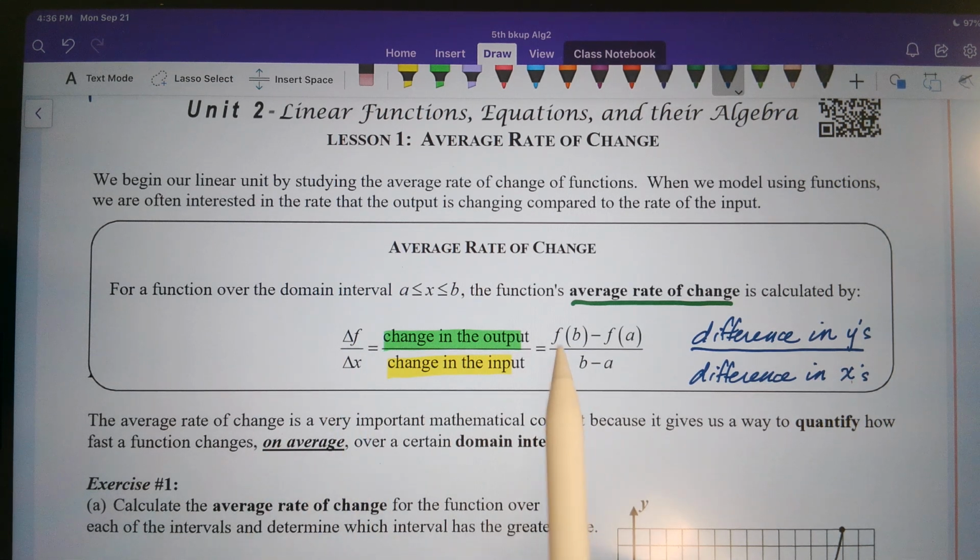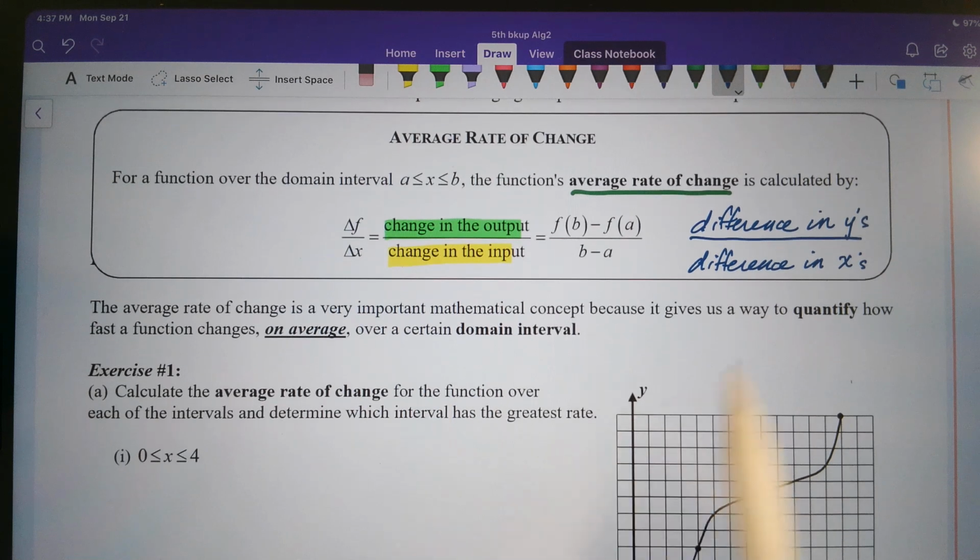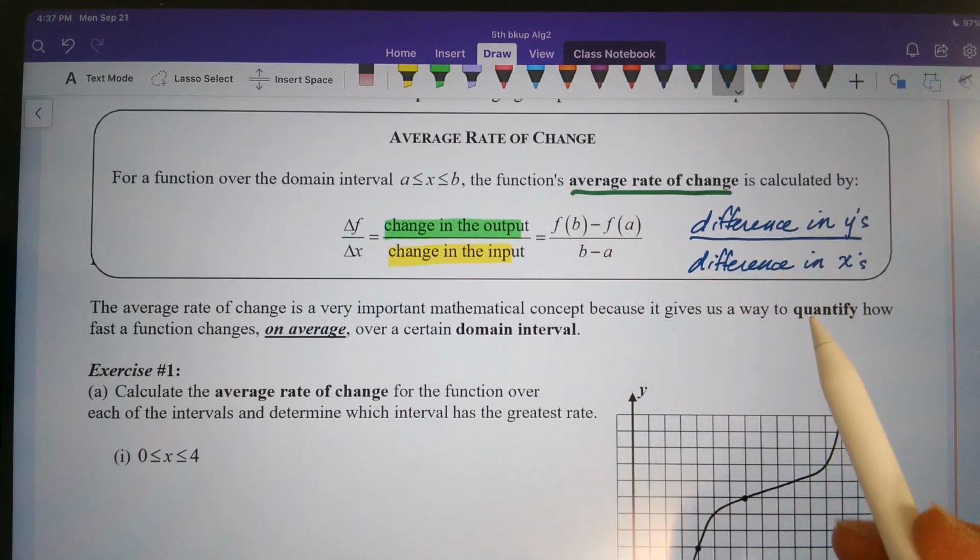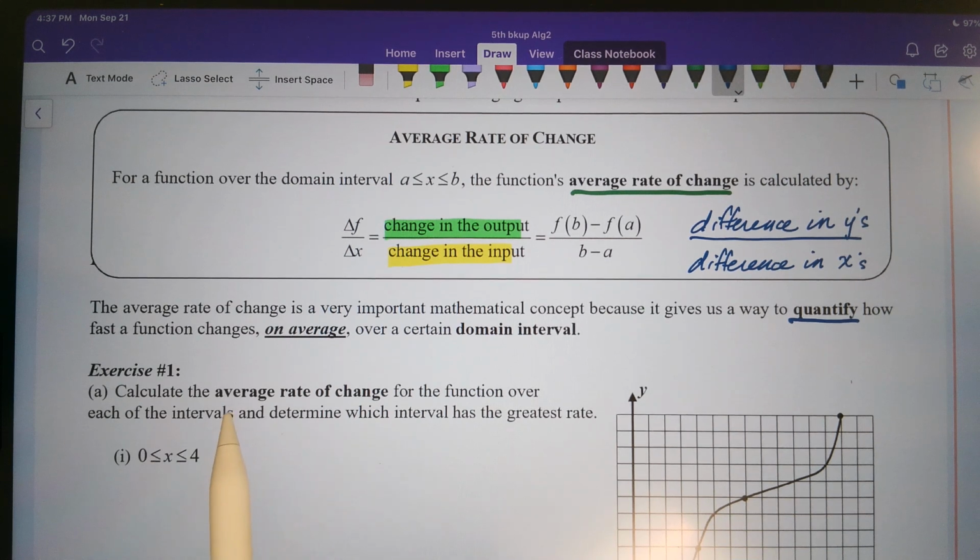In other words, if our interval is from A to B, it's going to be f of b. You evaluate the function for b, subtract, evaluate the function for a. So f of b subtract f of a, divided by b minus a. It's very important because it gives us a way to quantify how fast a function changes on average.